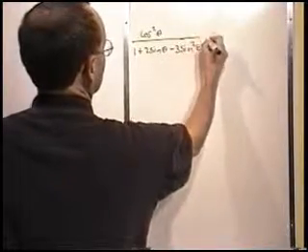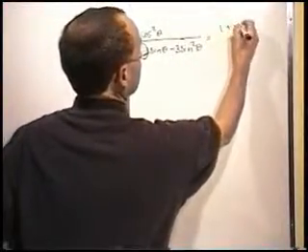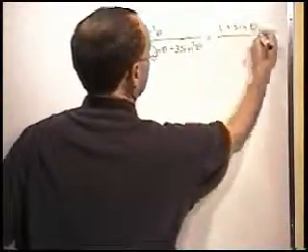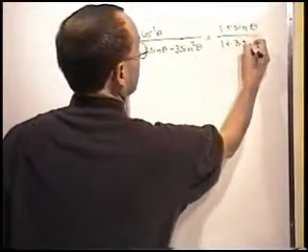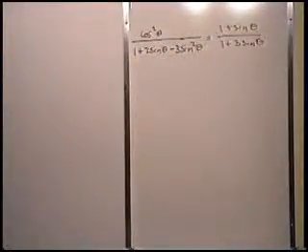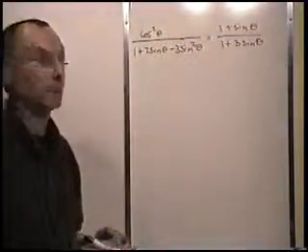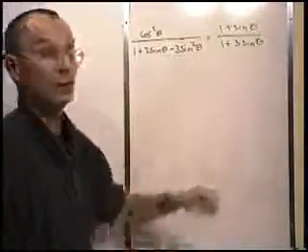Oh boy, that's pretty ugly stuff. That might equal 1 plus sine theta all over 1 plus 3 times sine theta. So that's got to be as ugly as they get. Okay. Now we're going to try and prove that the left side and the right side are saying the same thing.